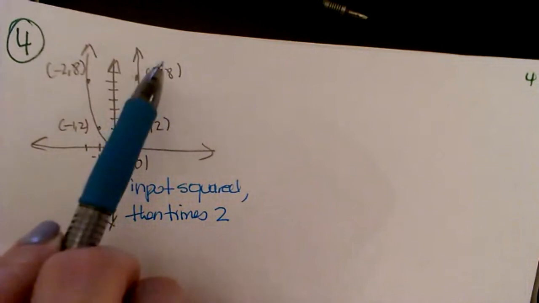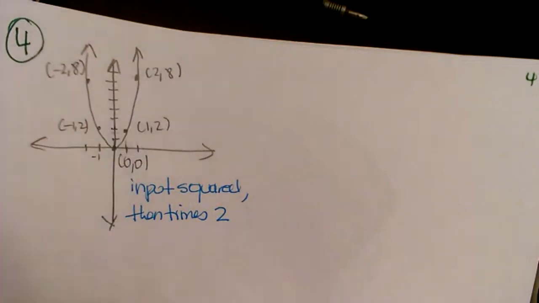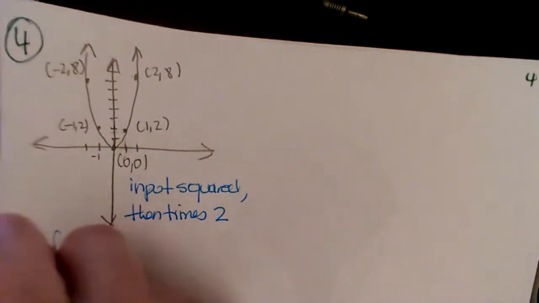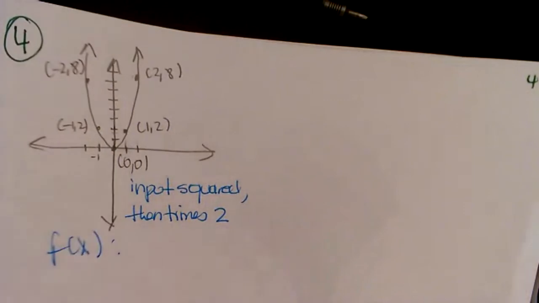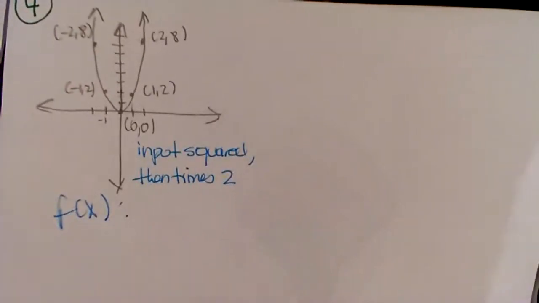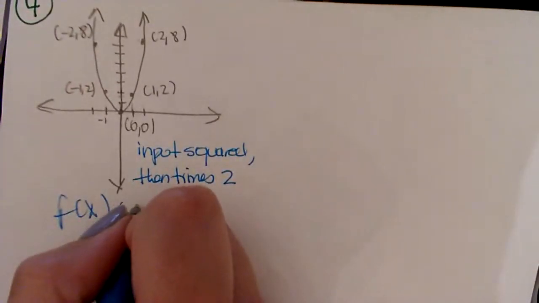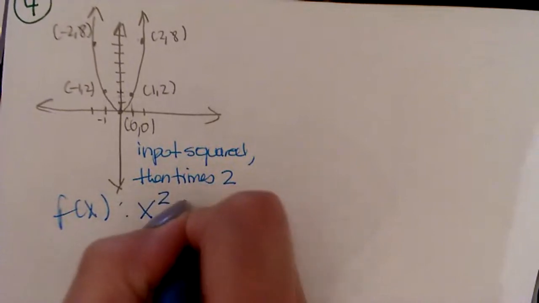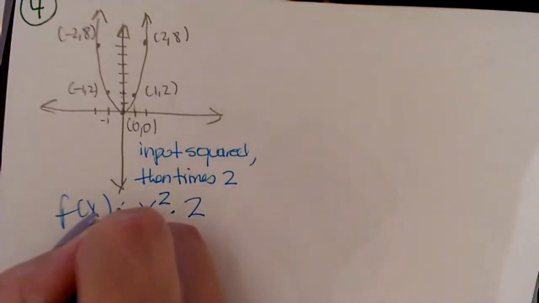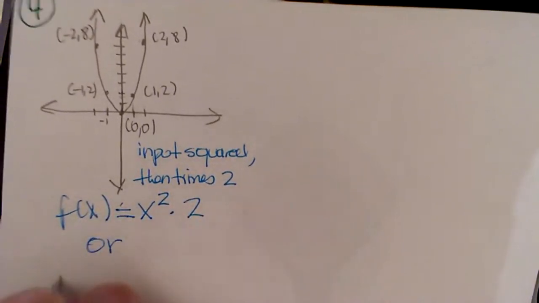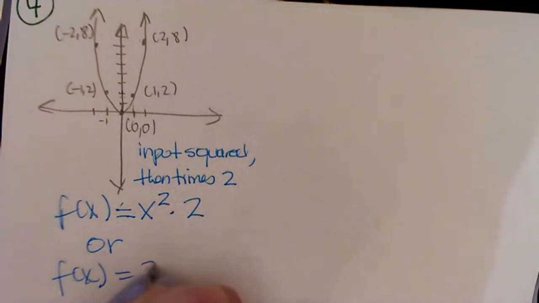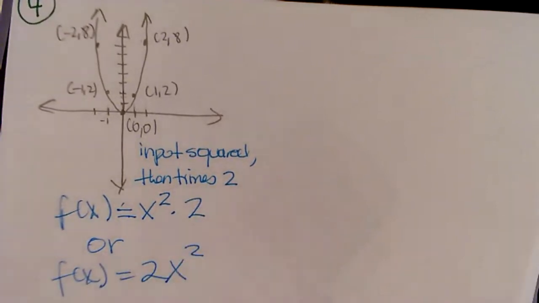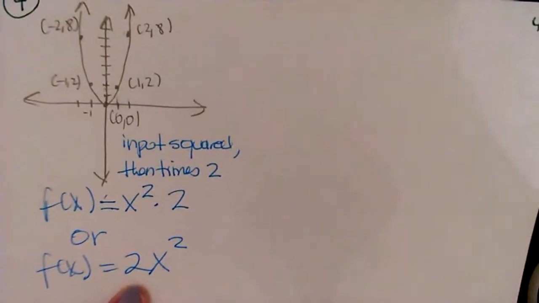Then 4 times 2 is 8. That's what we're doing. So we can say that this one f of x is what? X squared times 2, which is equal to 2x squared. We're squaring it first and then multiplying it by 2. Okay?